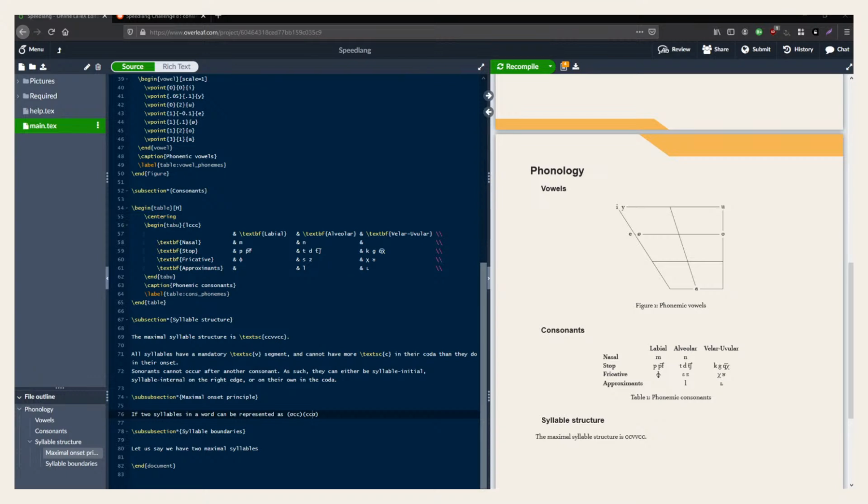Whatever, I'm just not going to do it this way. So this is just a syllable that ends in CC and a syllable that starts in CC. There we go.